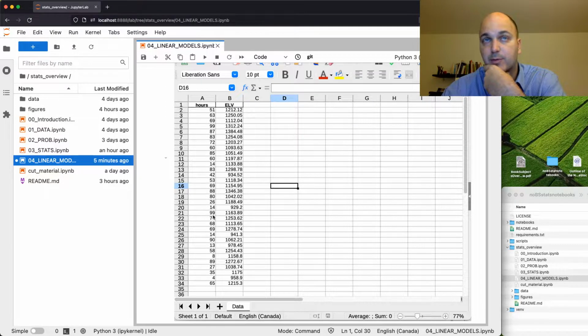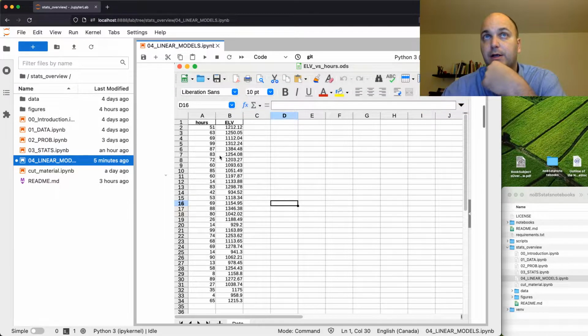You see some people completed almost 100 hours, and some people very little, just 4. So she has the number of hours of training and the employee lifetime value after 1 year. Similar to before, but instead of two groups, 100 and 0, we have a continuous number of hours.